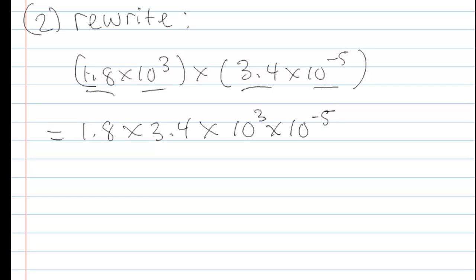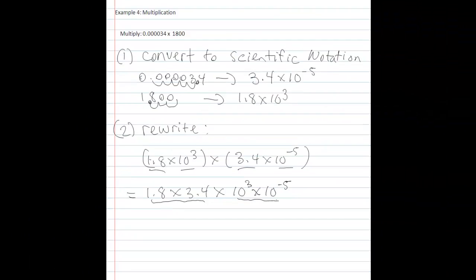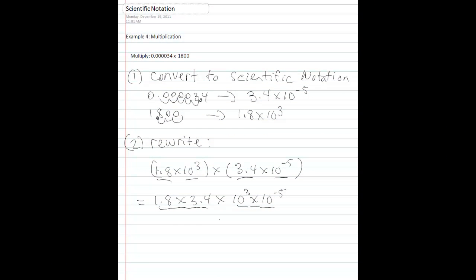There's nothing wrong with me doing this. And I can take this a bit further now, because these two I can multiply 1.8 times 3.4, and these two I can multiply separately. And 10 to the 3 times 10 to the negative 5, I can multiply by using exponent rules. Basically, this right side can just be 10 to the 3 minus 5.